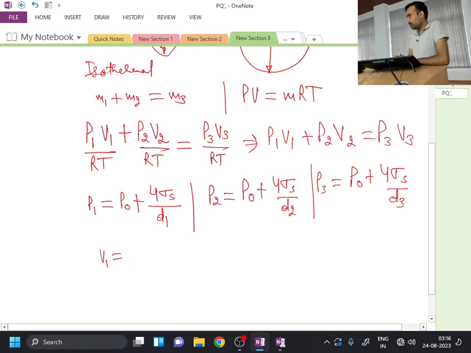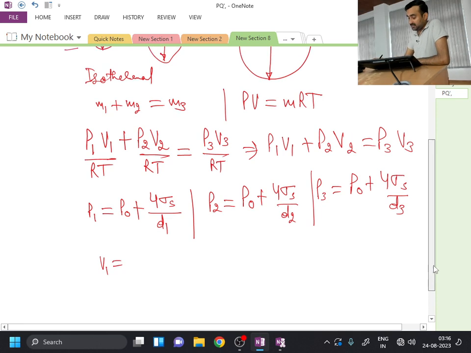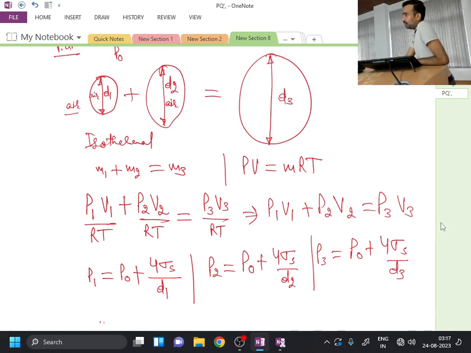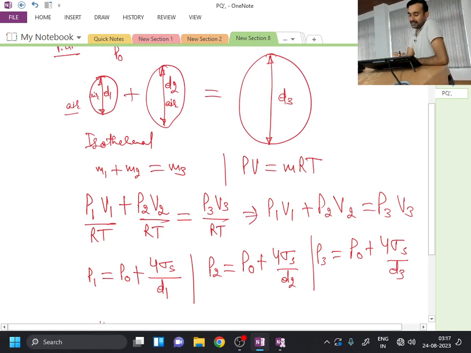This situation is identical to a soap bubble, because outside I do not have liquid, outside I also have air. So one interface is from this side and one from that side, and that is the reason that in place of 4 we consider 8 sigma.